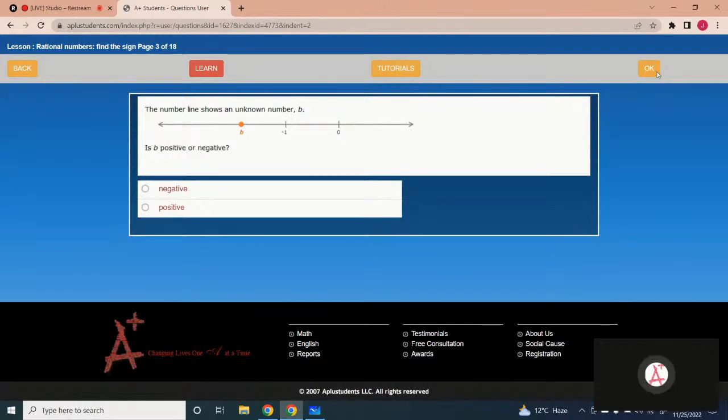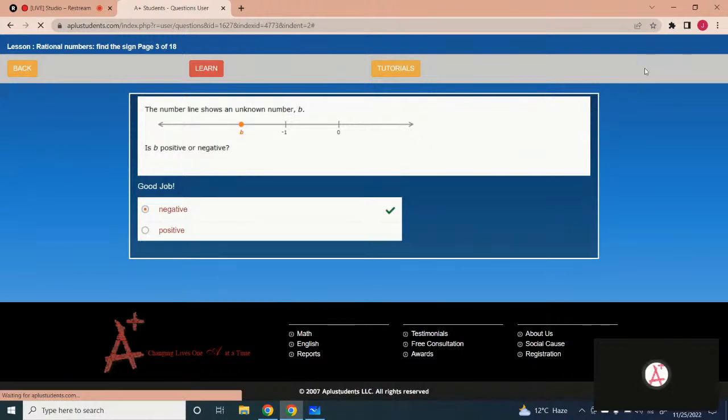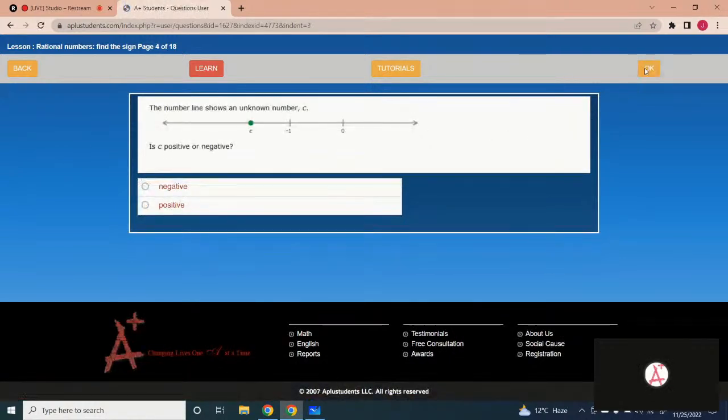So when it is on the left hand side, all the numbers are negative. You can just look here, you have a negative one. Got it? So the next one to the negative one must be negative. So it is negative. Got it?